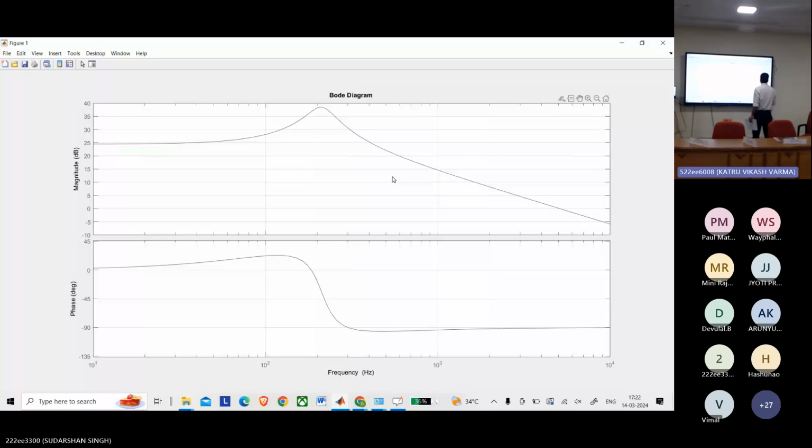Okay. So the magnitude plot crosses 0 dB around this point. So this is your 1 kilohertz.